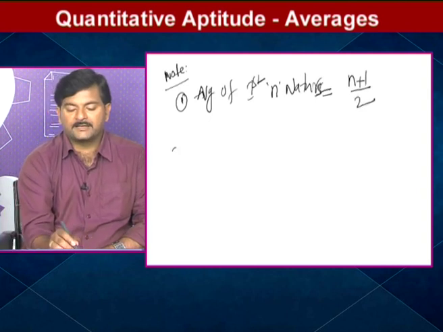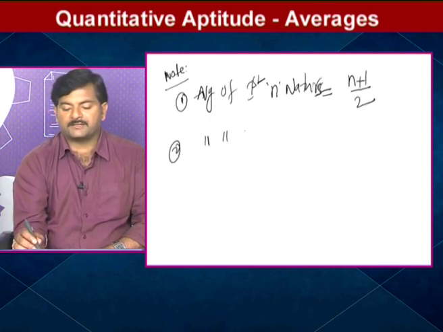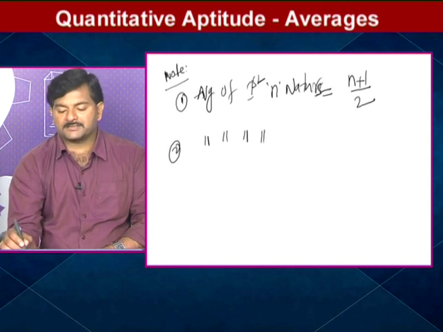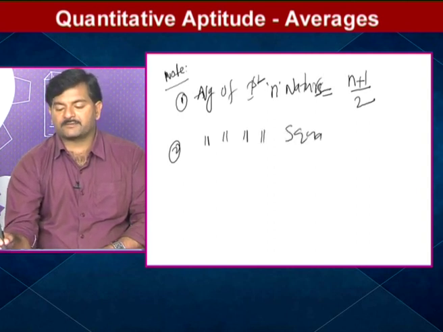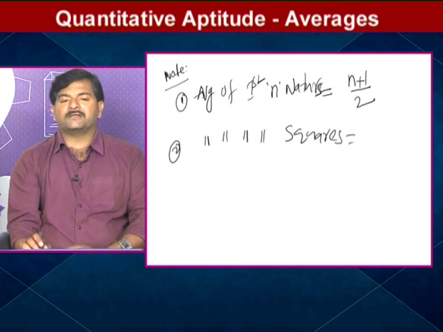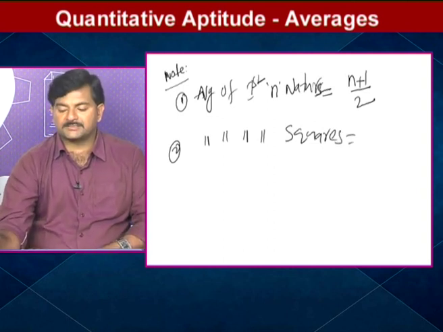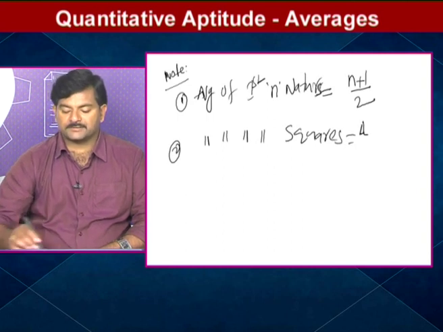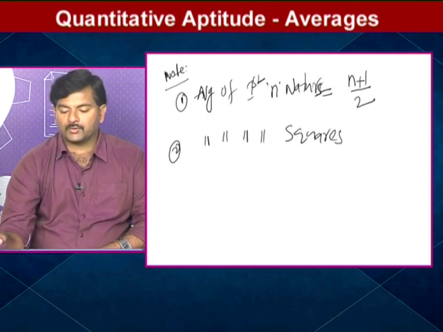And secondly, the average of the first n squares. The formula is 2n plus 1, I repeat, 2n plus 1.